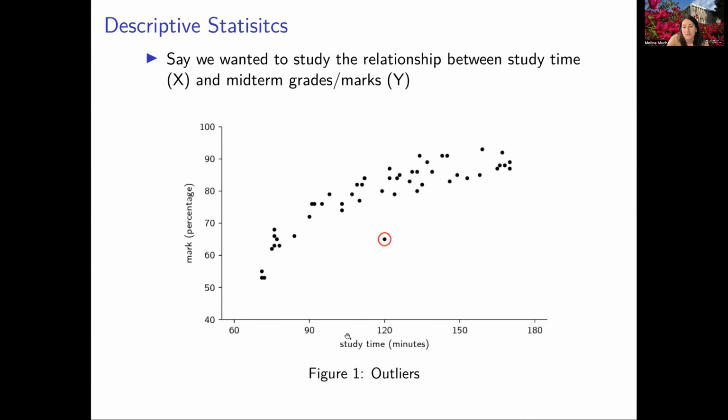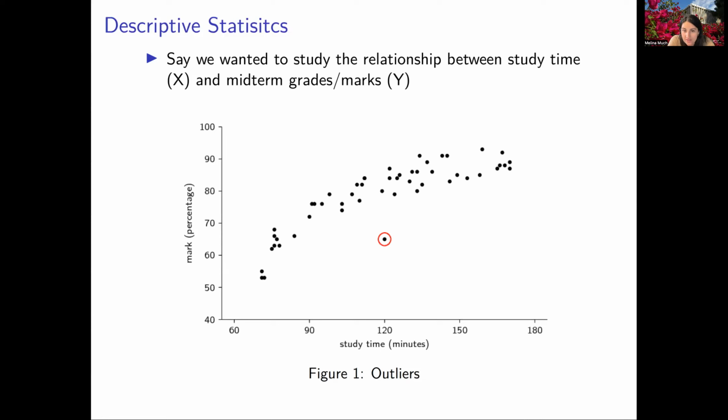But the second you start to get out to 150, 180 minutes, we see that people are in the 80s to 90s range. So this is important to show that we can start to visualize this sort of relationship more concretely, because we can look at the average amount of study time or the average midterm grade. Those will give us some ideas of central tendency for those particular variables.